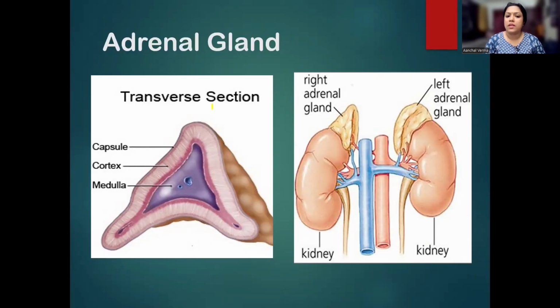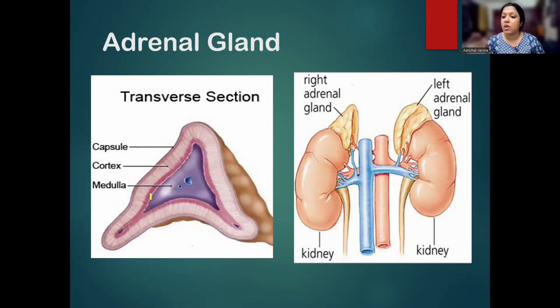The next one is the adrenal gland. Any gland, if you see, has an outermost layer called the capsule, the next one is the cortex and the inner one is the medulla. In the same way, we have it in the kidney, right? Renal capsule, renal cortex, renal medulla. Here we have adrenal capsule, adrenal cortex and adrenal medulla. The medulla releases a certain set of hormones and the cortex releases a certain set of hormones.